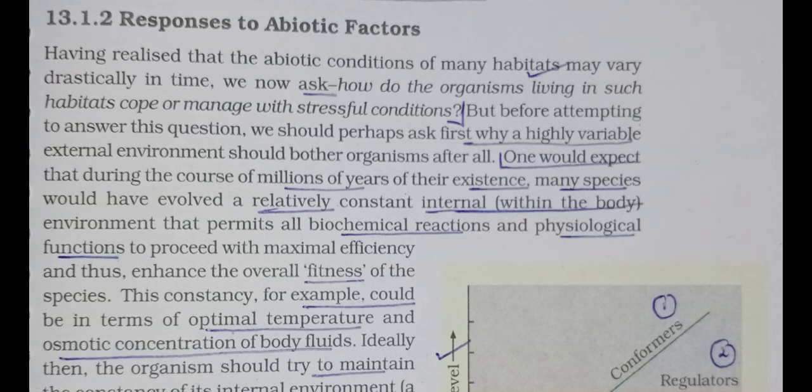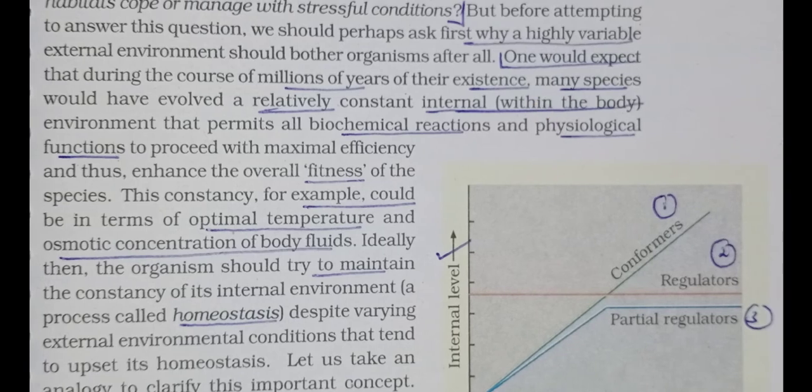This constancy, for example, could be in terms of the optimal temperature and osmotic concentration of body fluids. Remember, these two are the examples of the fitness. First example is about the optimal temperature, second one is about the osmotic concentration of the body fluids.